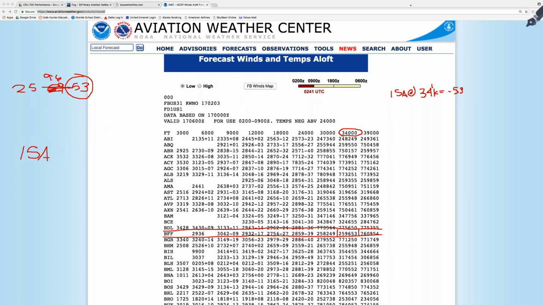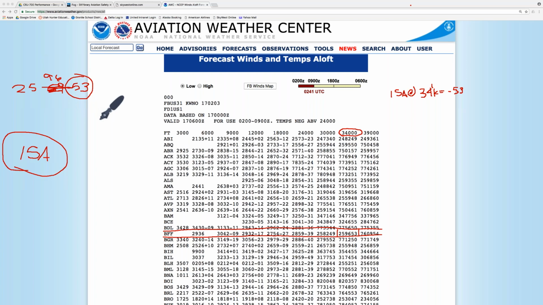We are at ISA at 34,000 feet when we cross over Scotts Bluff. When we're figuring out the deviation, I'm trying to figure out how to say this.